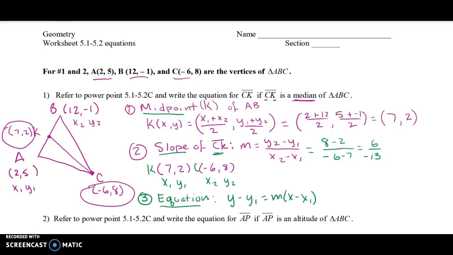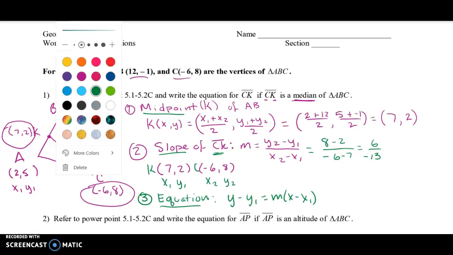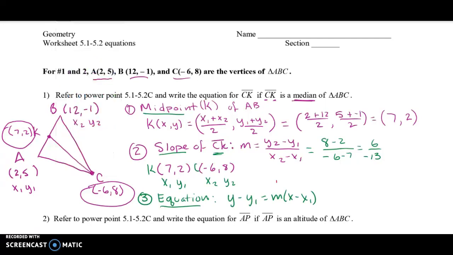Now we have to decide what we're going to use for m and what we're going to use for x1 and y1. So I'm going to change colors again, we'll use pink. So the slope of this is 6 over negative 13.